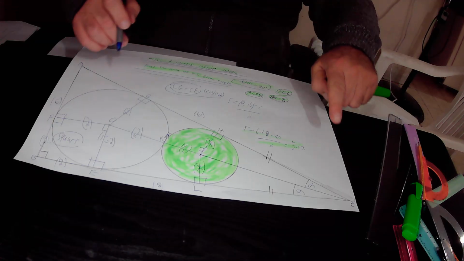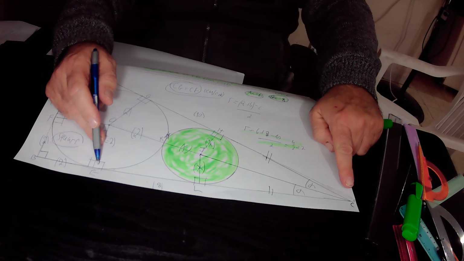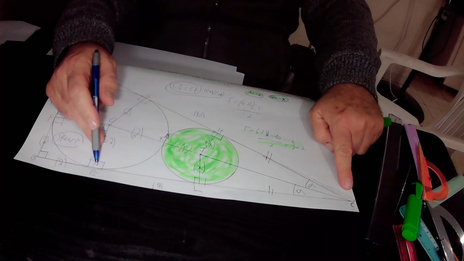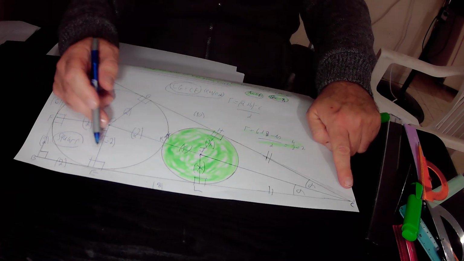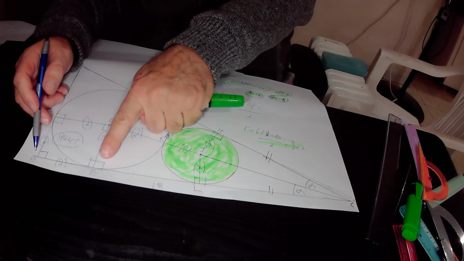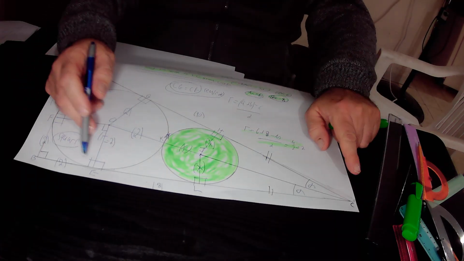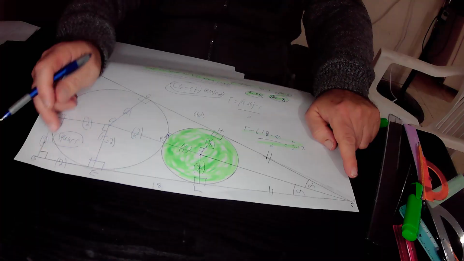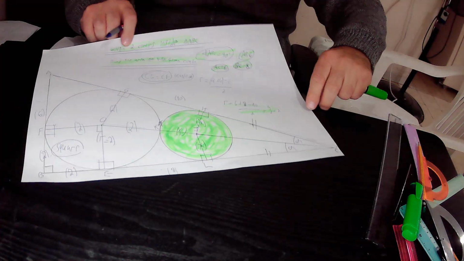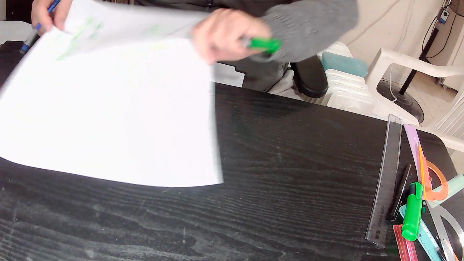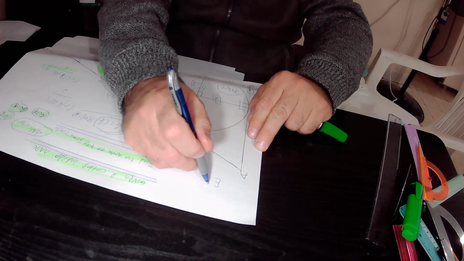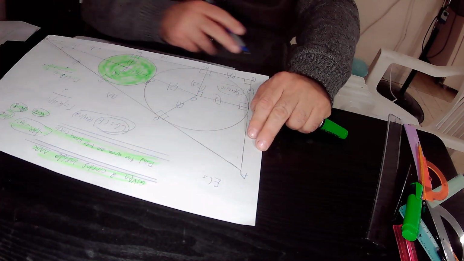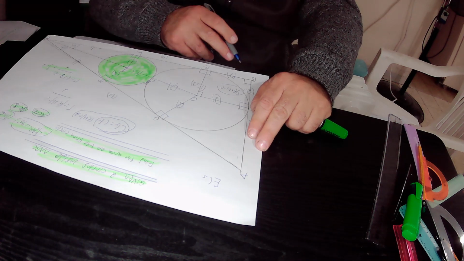What is the length of this line segment EC? EC in total equals BC, that is 8, minus BE, that is 2. Again, EC equals BC minus BE. So the missing line segment EC is equal to BC minus BE.